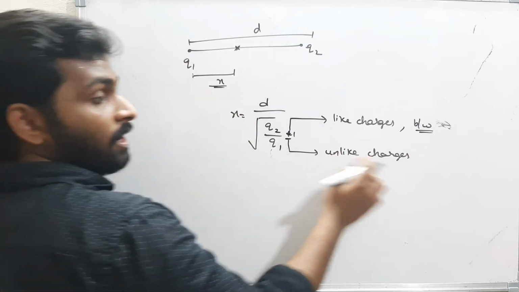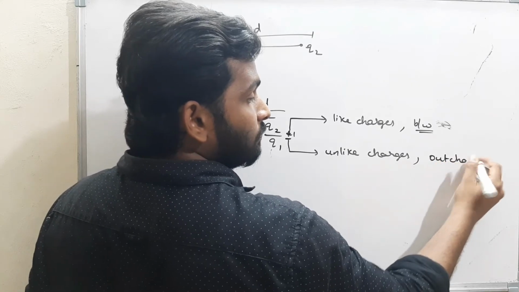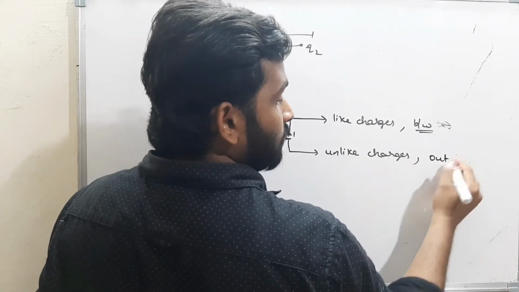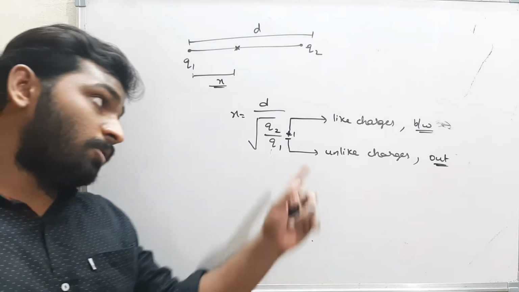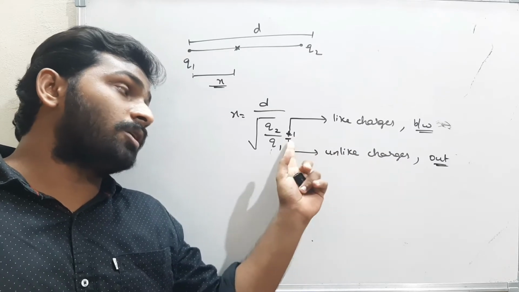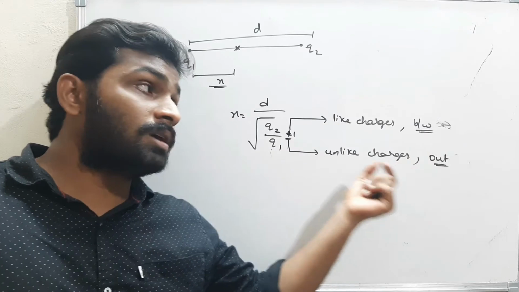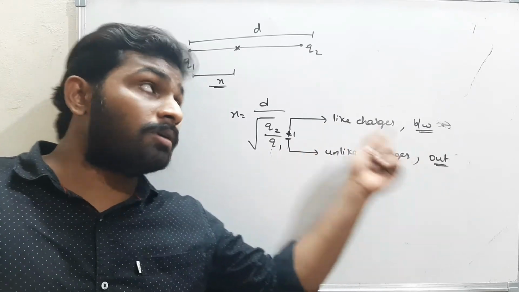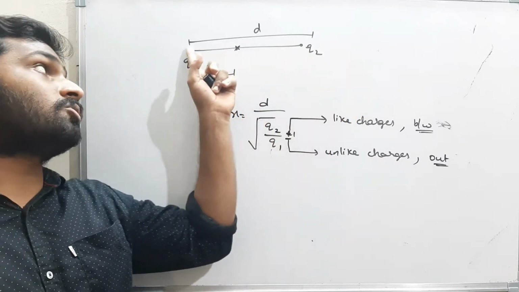If they are unlike charges, the null point will be outside the charges. Please remember that. For like charges, I will use positive. For unlike charges, I will use negative. If they are like charges, I will get the null point between the charges. If they are unlike charges, I will get the null point outside the charges, outside the charge Q2 or outside the charge Q1.